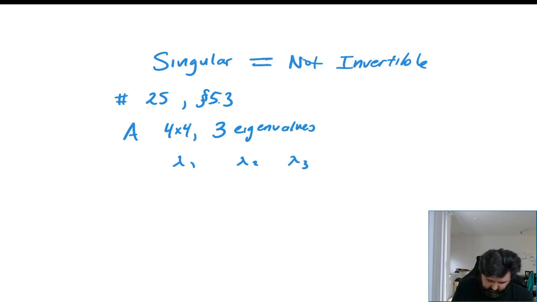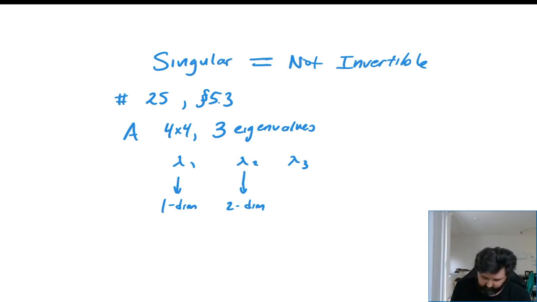One eigenspace is one-dimensional, so let's say lambda 1 has the one-dimensional eigenspace. One of the other eigenspaces is two-dimensional, so let's say that's lambda 2. And it asks, is it possible that A is not diagonalizable?